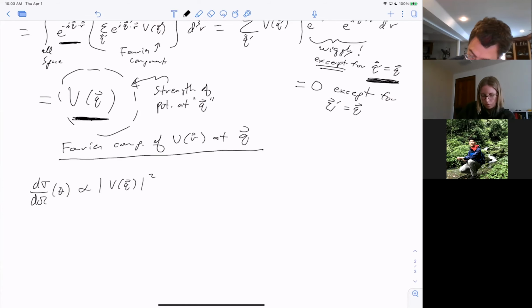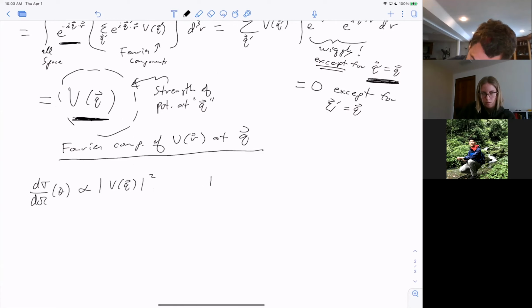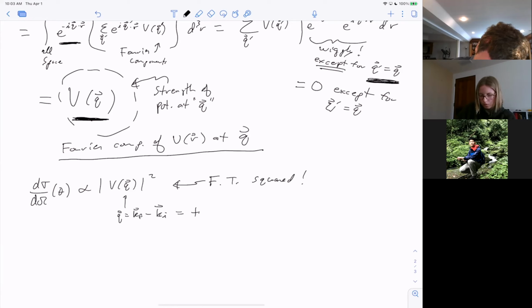This is the Fourier transform squared, where Q is the transferred momentum. Q is equal to K final minus K initial.